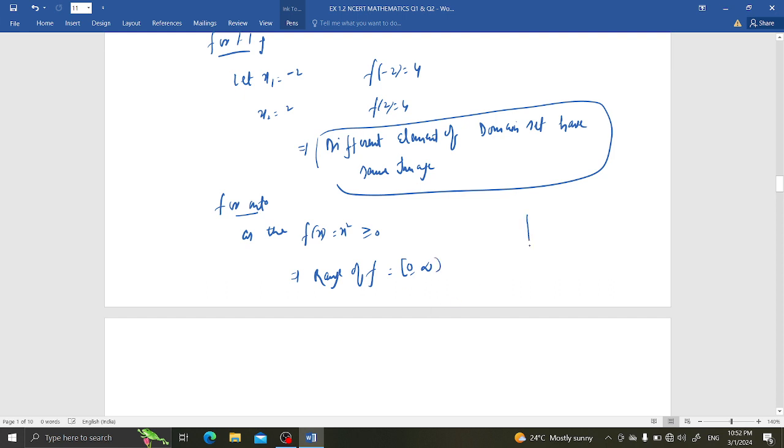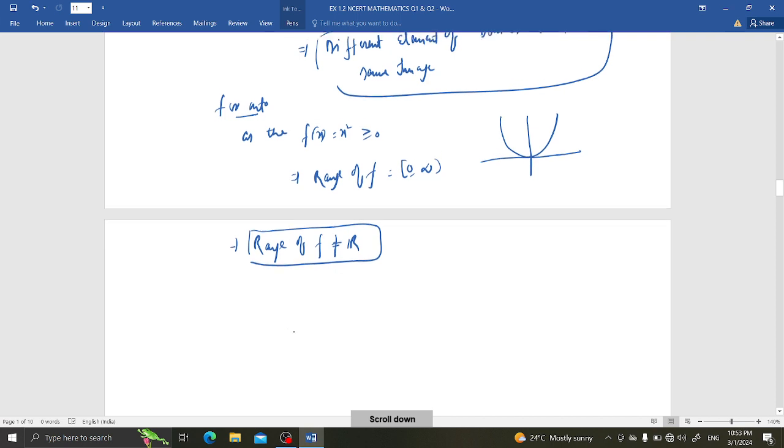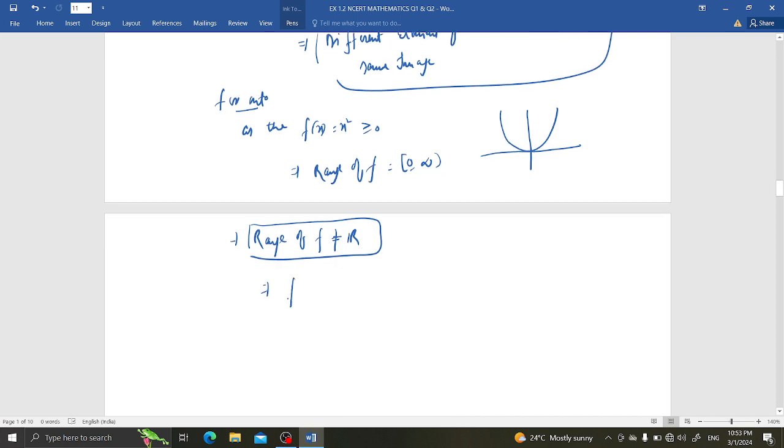The graph of this function is like that. So the range of f is not equal to complete R. Why so? Because the negative elements do not have a preimage. Negative elements are not in the range. It implies that f is not onto.